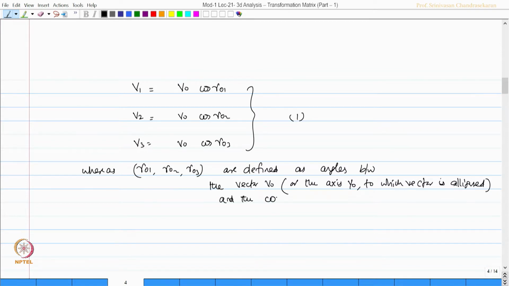The coordinate axis y 1, y 2 and y 3 respectively.